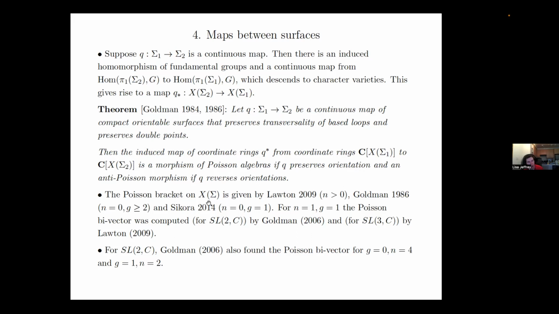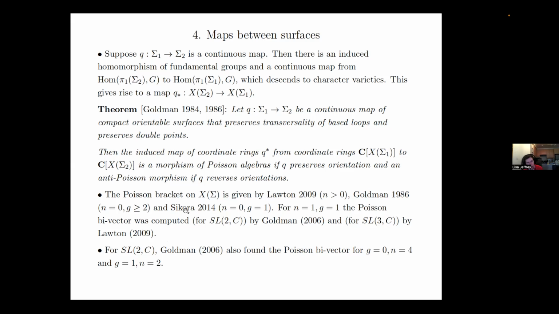The Poisson bracket on X of sigma is given by Goldman in 1986. This was in the case of no boundary components and genus greater than or equal to 0.